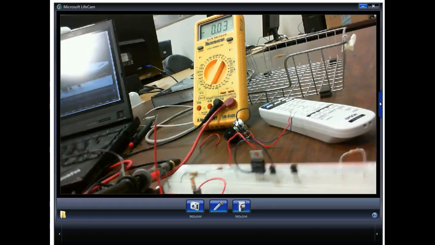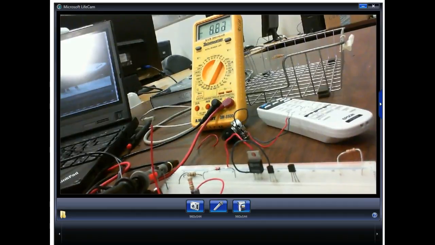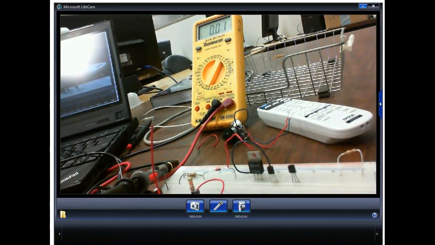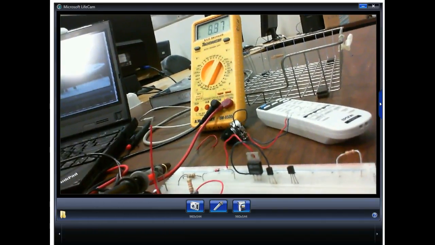Of course, we should. So here's the base. This might be a little problem. Okay, so here's the base.